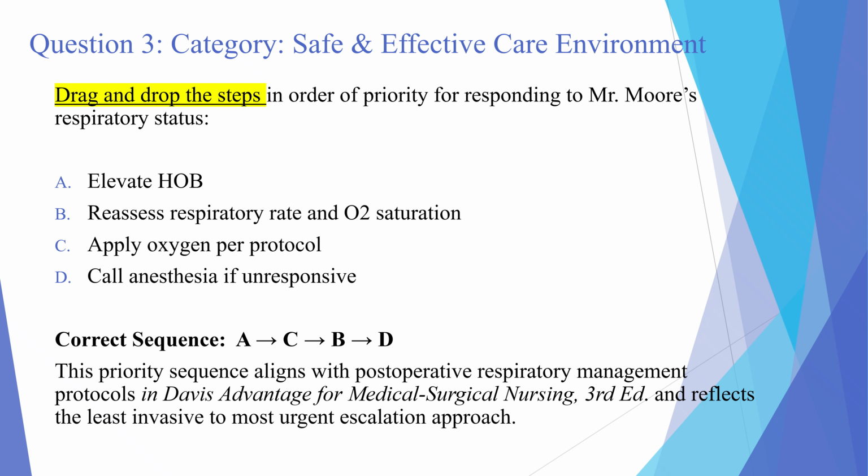And then the D, you need to call anesthesia if unresponsive. So this priority sequence aligns with postoperative respiratory management protocols, specifically in Davis Advantage in my book that I'm reading.